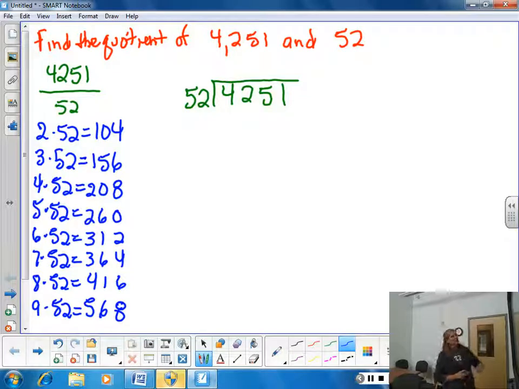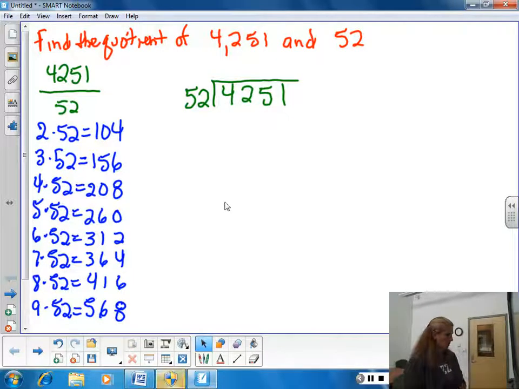So if you look at the numbers 4, 6, 8, 0, 2, 4, 6, 8, we never get an odd number. So I can count forever with 52 and I'm never going to hit an odd number, and so I know that this isn't going to go evenly.